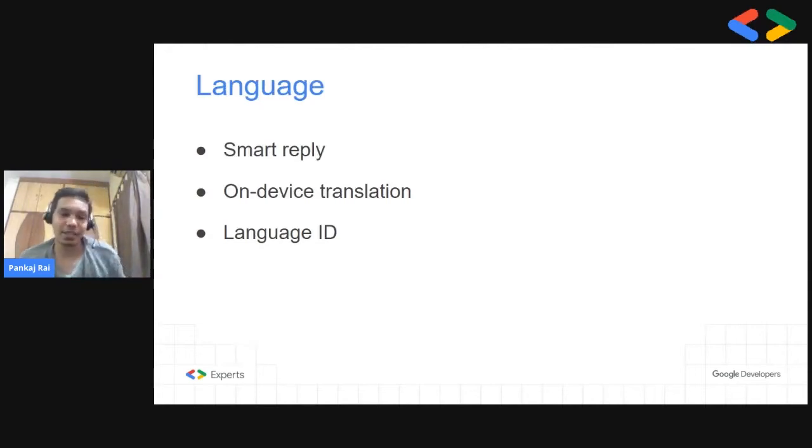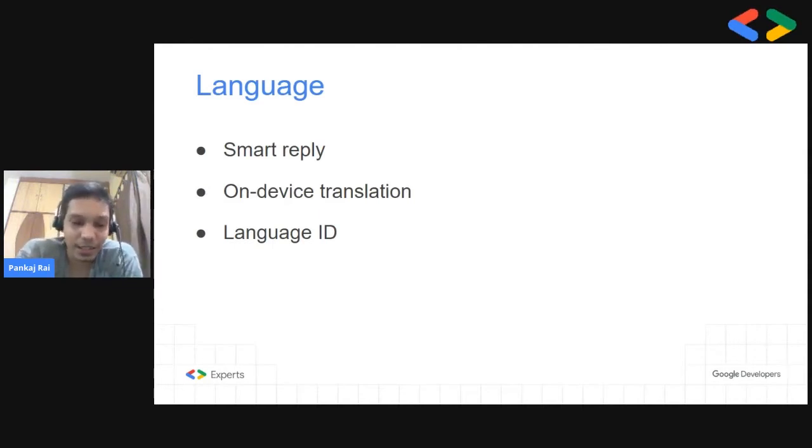Language, as I said, is available now for ML Kit. The smart reply feature is something which I believe you might have seen. Many chat applications nowadays use smart reply. Now you can add it to your application also. If you want to build an application which can do on-device translation, then the on-device translation API by ML Kit is great for you.